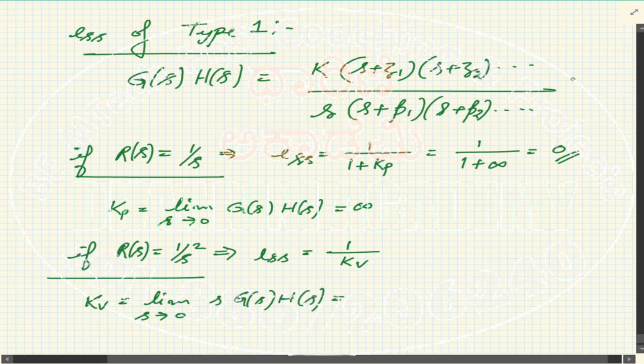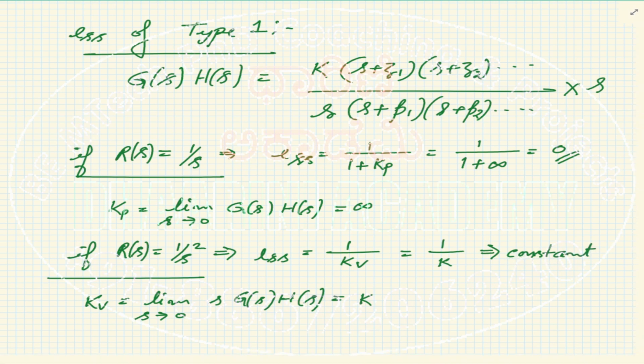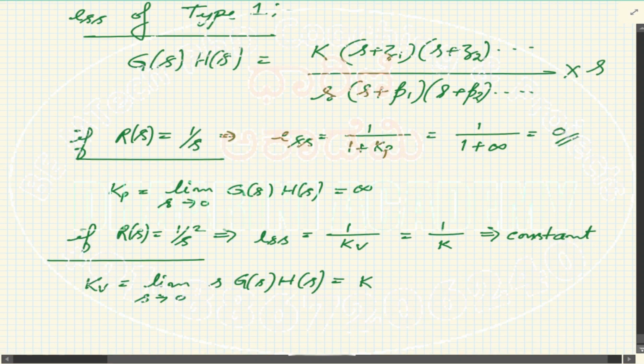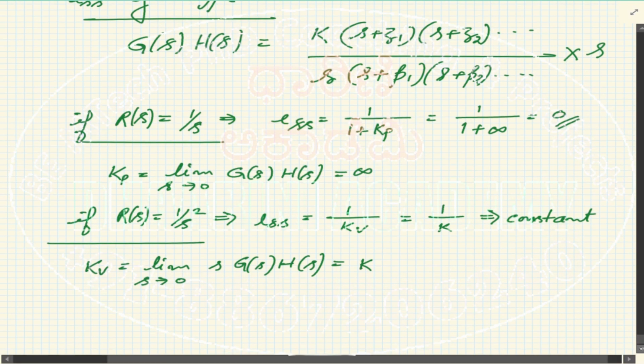When I multiply G of s into H of s by s, the s cancels, so it's a constant now. When you substitute all the values, you get a constant, that's K. So s into G of s into H of s becomes equal to K, so Kv is K and ESS is 1 by K. So this is a constant. So when the input is given as 1 by s square, or a ramp, to a type 1 system, the steady state error becomes a constant.